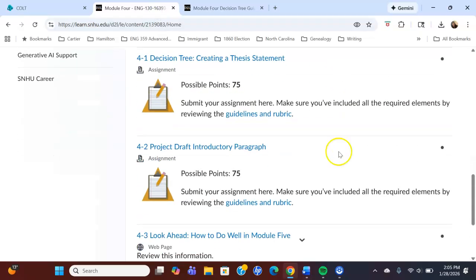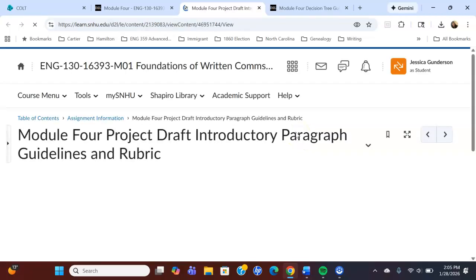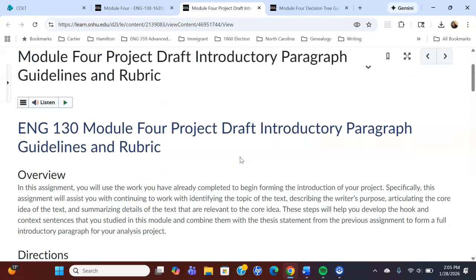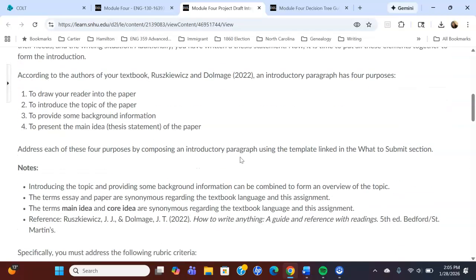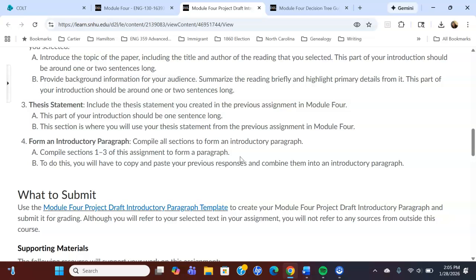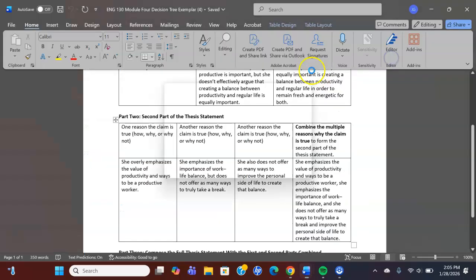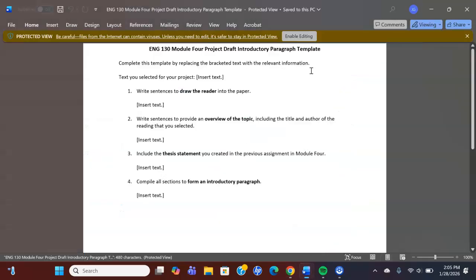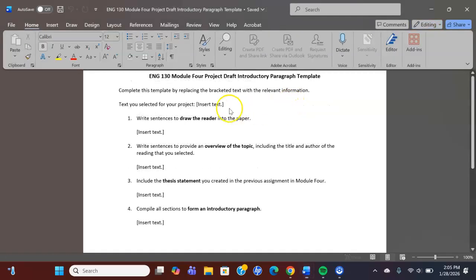And then when you get to the next assignment, which is the introductory paragraph, just remember that you will, I'll just pull this up here too. You will incorporate that thesis statement into your introductory paragraph.